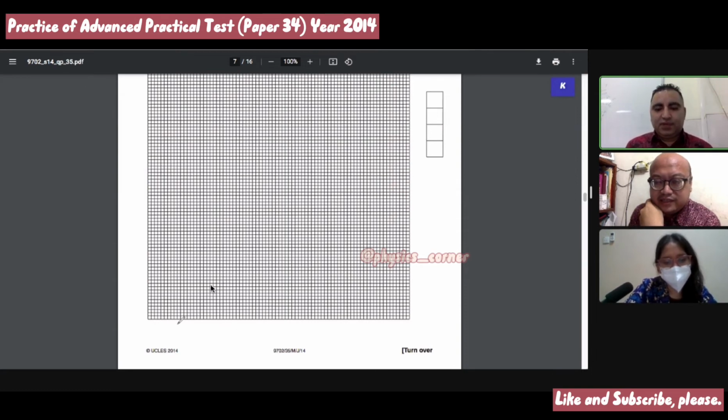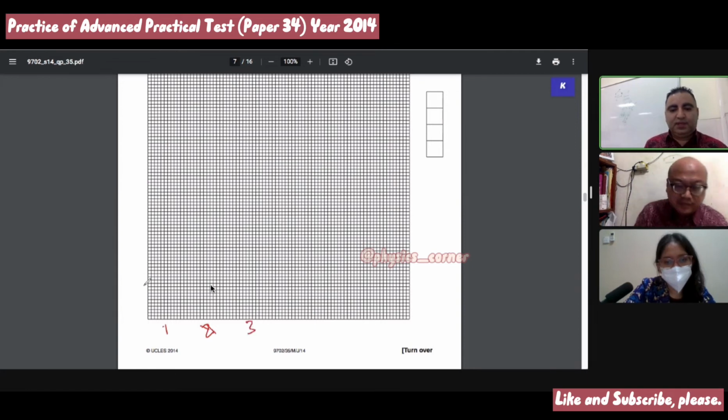Sometimes students plot only a small part of the graph, with 1, 2, 3 on each axis, and draw the line like this.